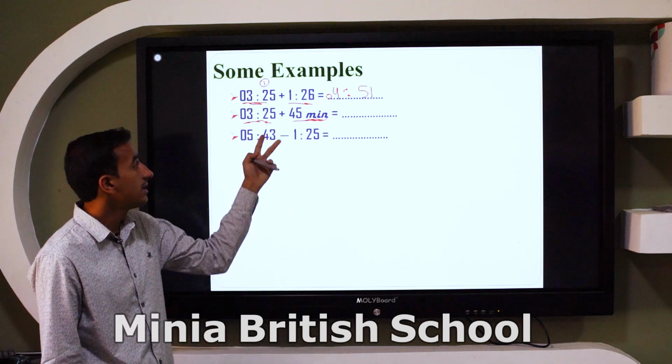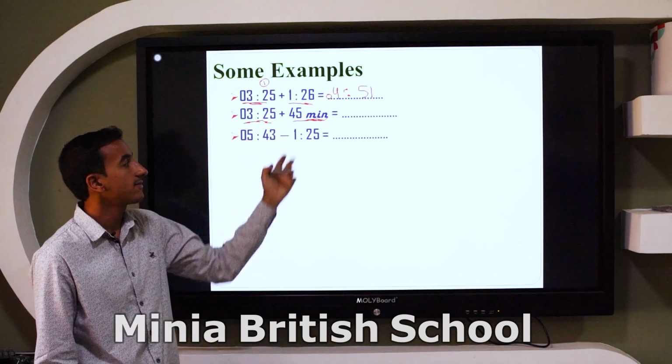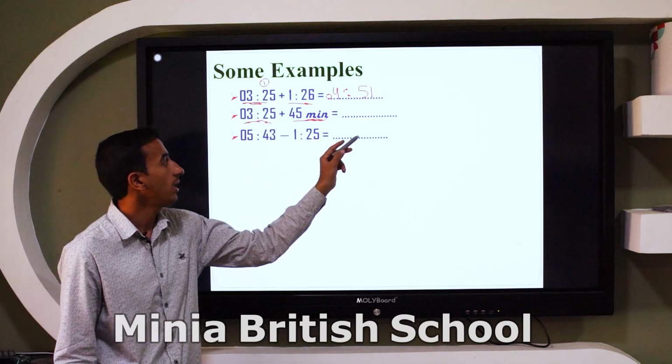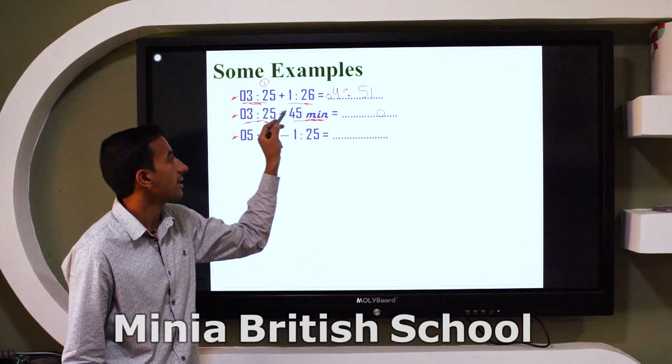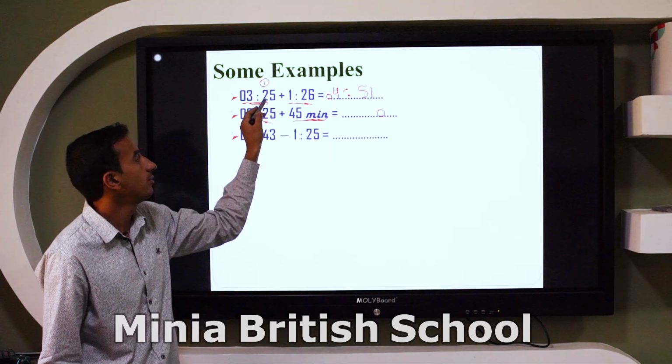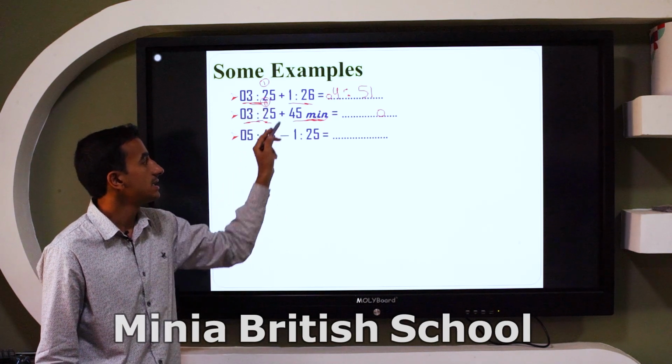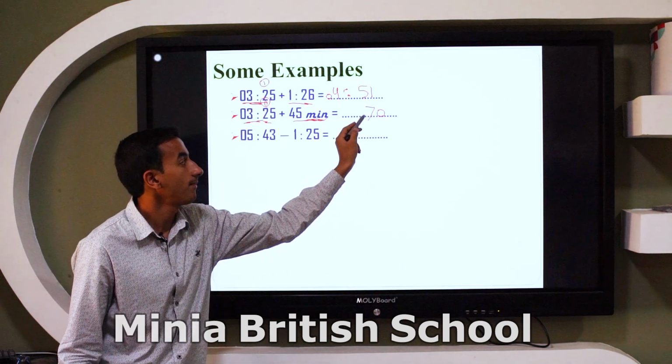So we can add 25 minutes plus 45. 5 plus 5 equals 10, write 0 and carry 1. 1 plus 2 equals 3. 3 plus 4 equals 7.